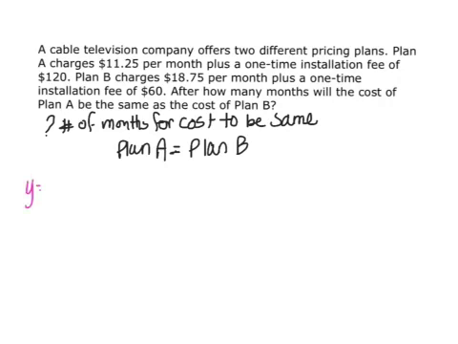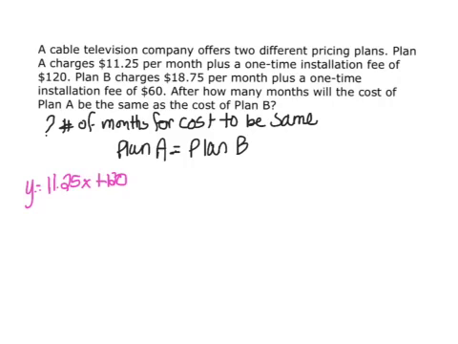So I can say Y for this plan A, I know it charges $11.25 per month. Since I don't know the months, that is going to be my X. I'm looking for the number of months. A one-time installation fee, that's like our y-intercept. It's happening one time.